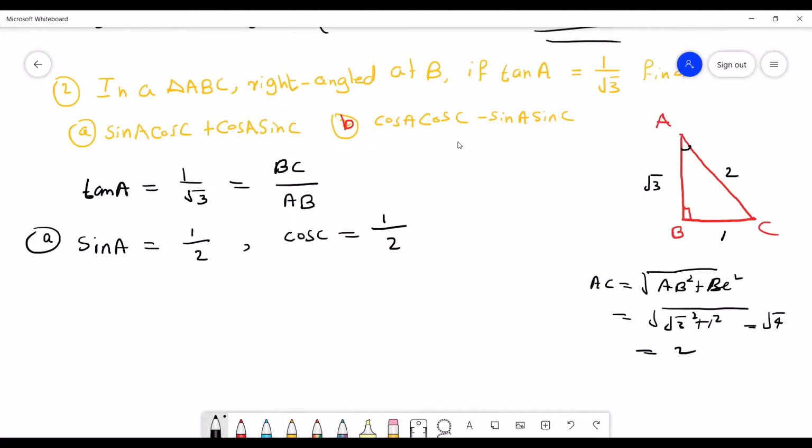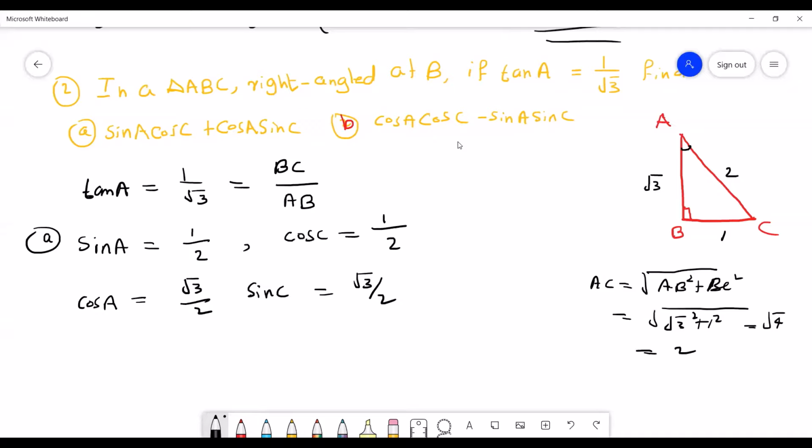Then we have to find out cos A. This is angle A. Cos A is √3 divided by 2. Now we have to find out sin C. Sin C is √3 by 2 itself.